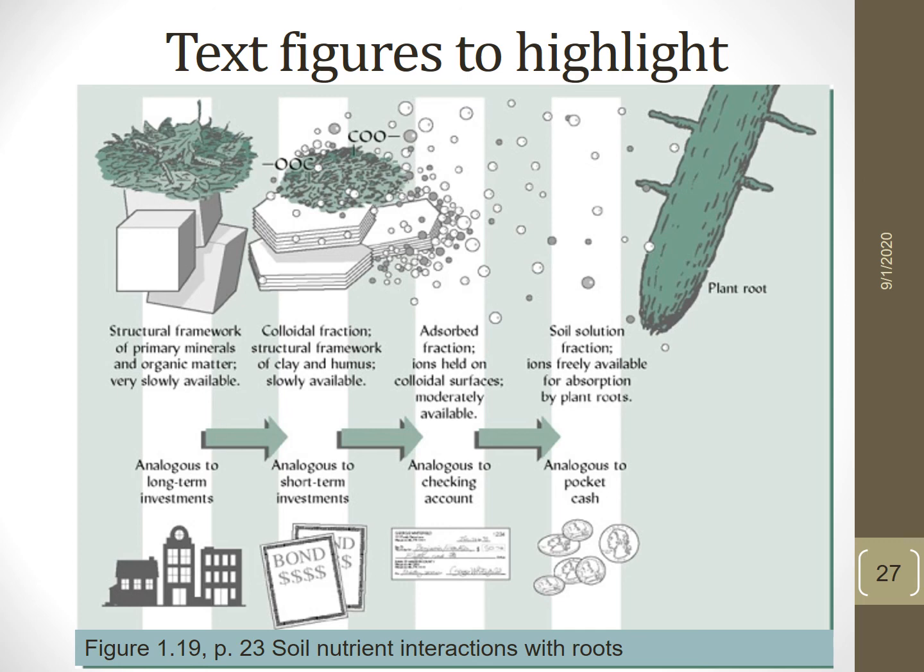This structural framework of clay and humus slowly allows nutrients to become available. Where they're stuck on the adsorbed fraction, like post-it notes, to the surface of the individual soil particles, the colloidal surfaces, they become moderately available and then they start diffusing between the plant root and soil solution.